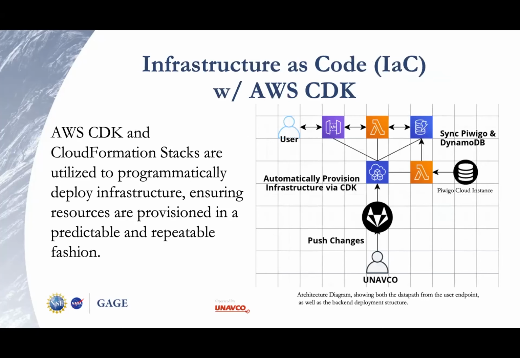So again, moving along with this cloud deployment model, I utilized the AWS Cloud Development Kit, CDK, and the CloudFormation stacks within AWS, which allowed us to programmatically deploy the infrastructure, such as the Lambda functions, the Dynamo database, and the API gateway, which routes all of the API traffic to the database.